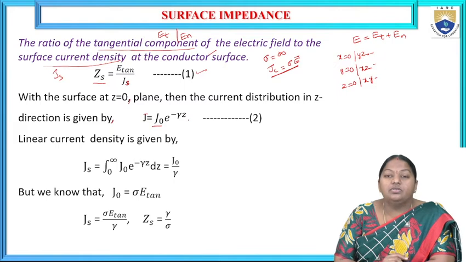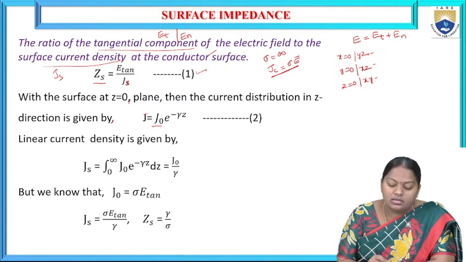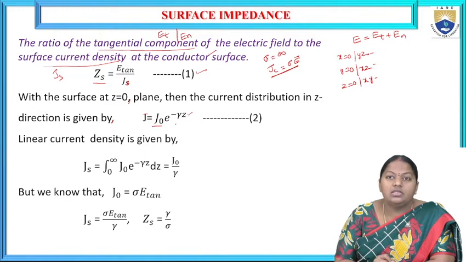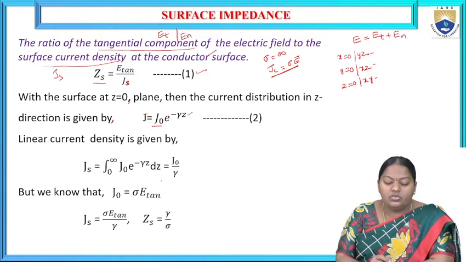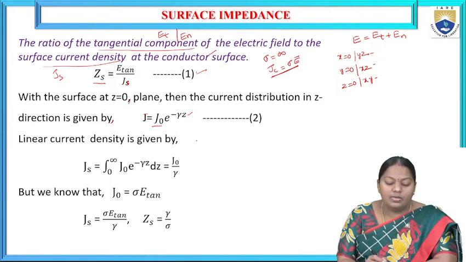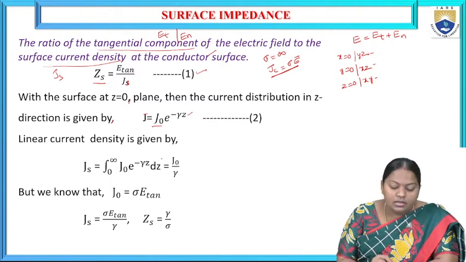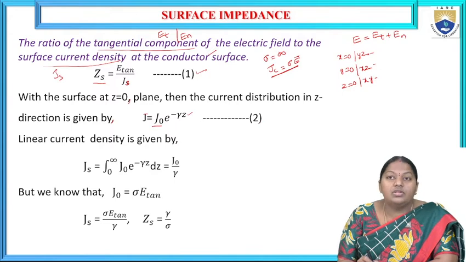Gamma is the propagation constant and z is the direction of the wave. Okay, so J is given by J naught into e power minus gamma z. Consider this as another equation, equation number 2.